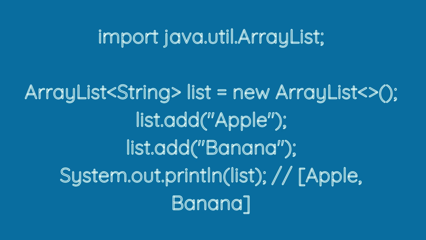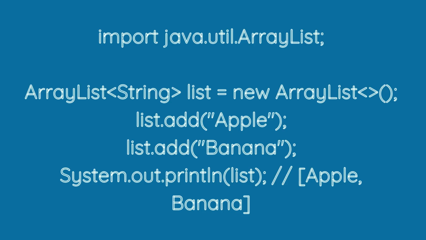So here a user wants to add apple and banana to the array he or she has. Then you see the user writes System.out.println(list). It means we are going to learn what the array holds. You see, it's holding apple and banana because the user added apple and banana to the array. Yes, I think it's very understandable.